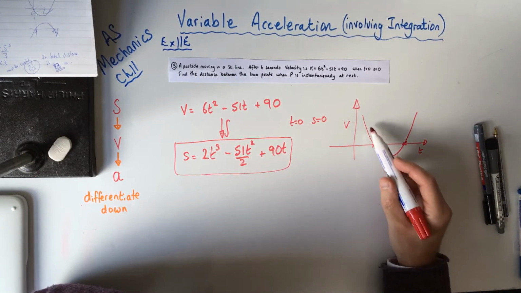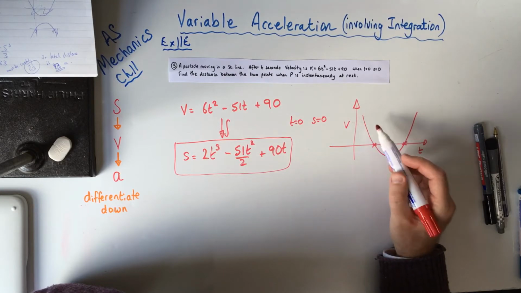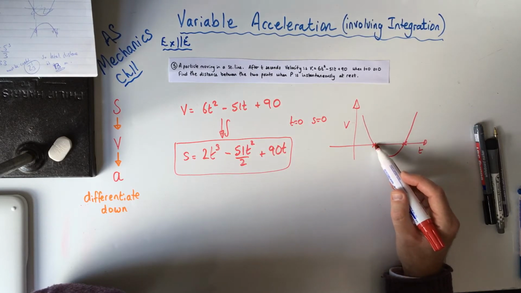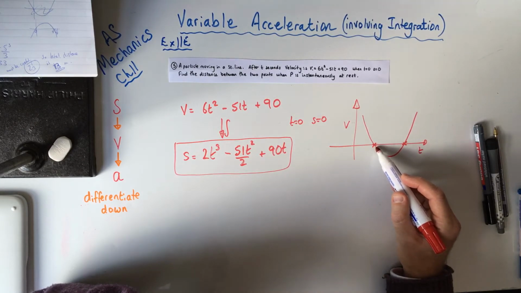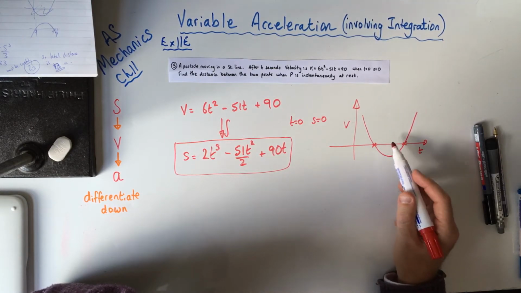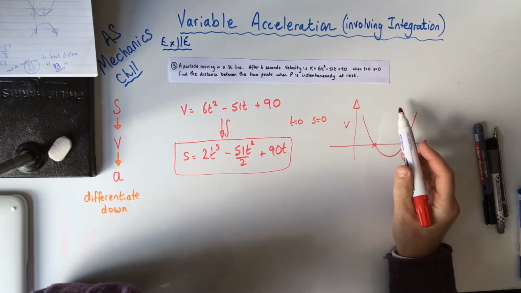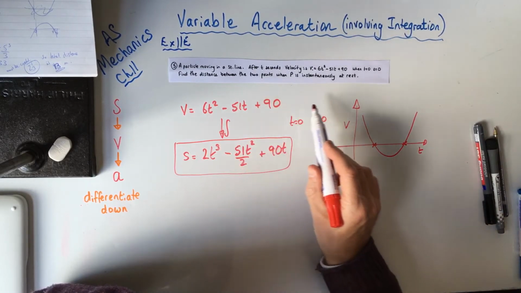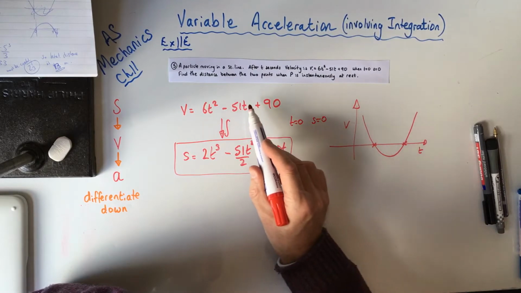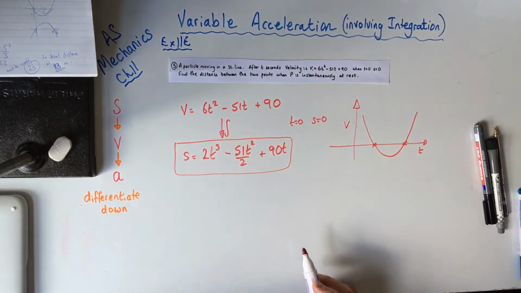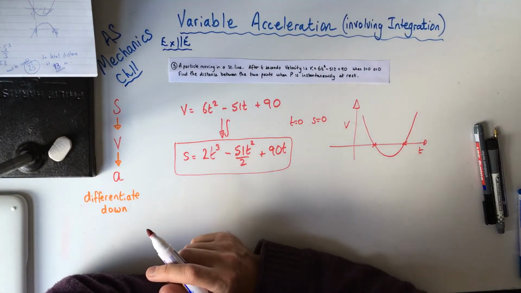So what's actually happening here? It's slowing down, becoming 0, and then the velocity is speeding up, but in the opposite direction. So although it looks like that, what it's actually describing is something going along, slowing down, stopping, and then going back the other way.